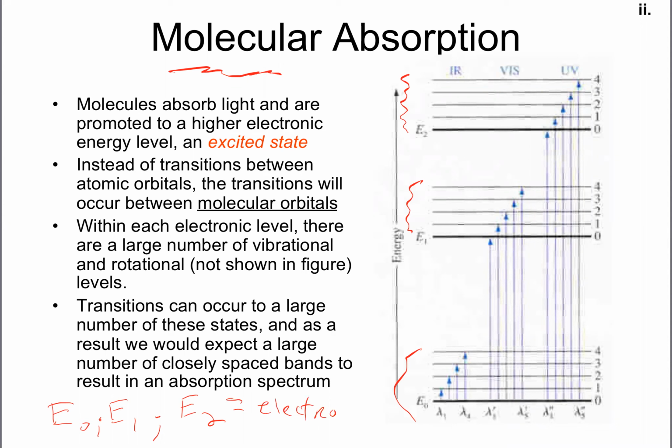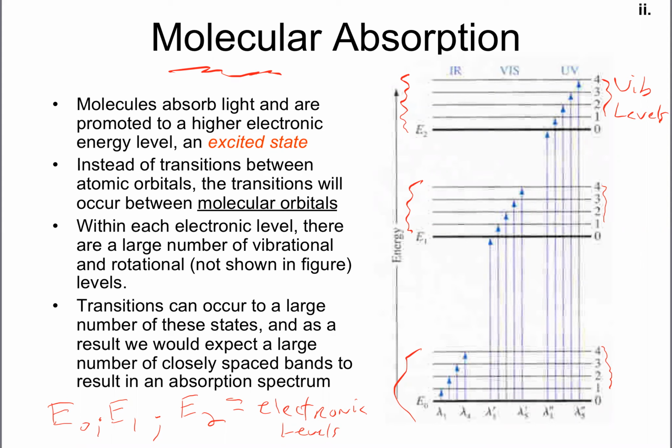Now, within each of these electronic levels, or these different molecular orbitals, there are ever so slightly different allowed vibrational energy levels. And you see these little lines that are not bold-faced, labeled 1, 2, 3, 4? That is what we are depicting in those lines. These are vibrational energy levels.